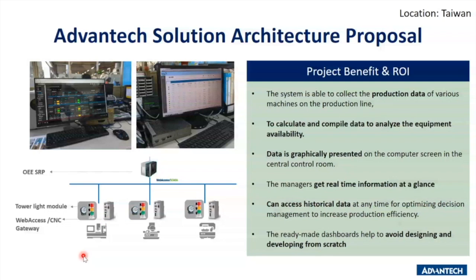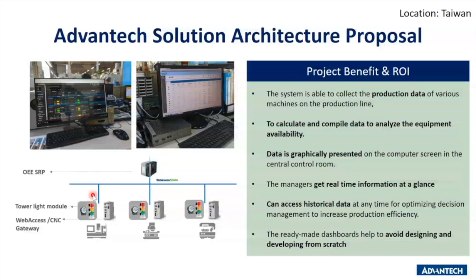And second, how about those machines that don't have a PLC? That's where our tower light module comes into place to help them. This is our Wi-Fi module, with the light sensor that we bundle in the package, to help them do the connectivity.